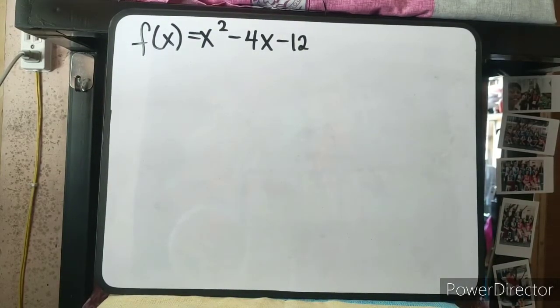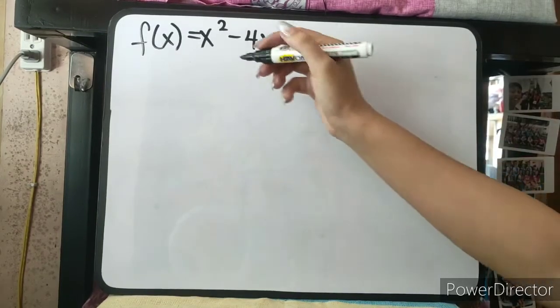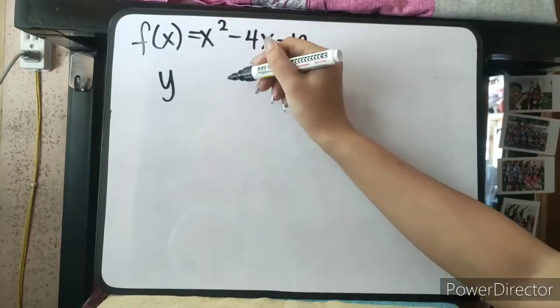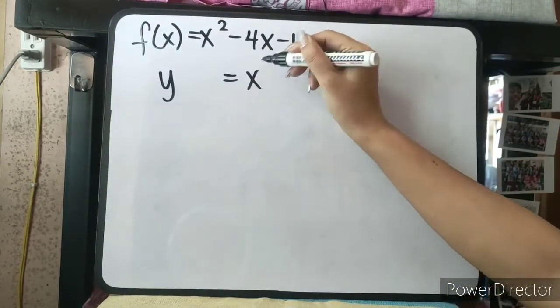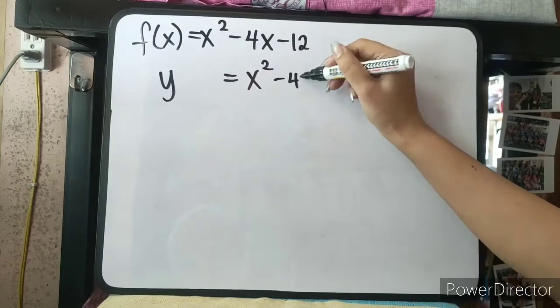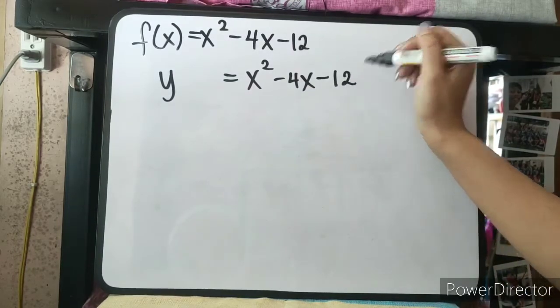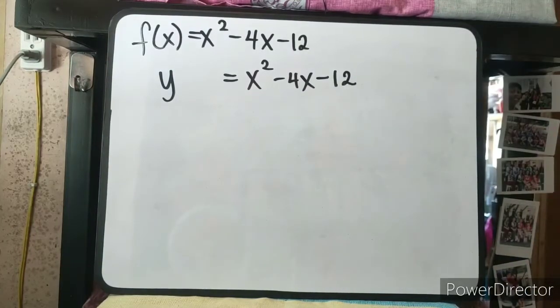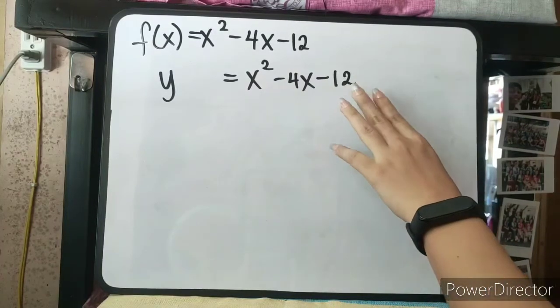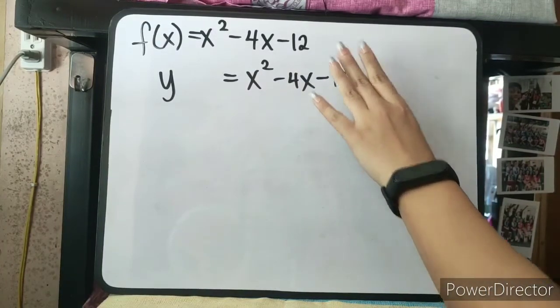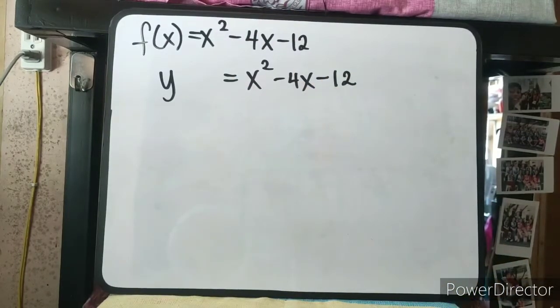Completing the square process. So let me show you on this example. First thing to do is you need to change your f of x into y. So let's make it y equals x squared minus 4x minus 12. And then next thing is we need to transpose our constant to the other side, or addition property of equality.